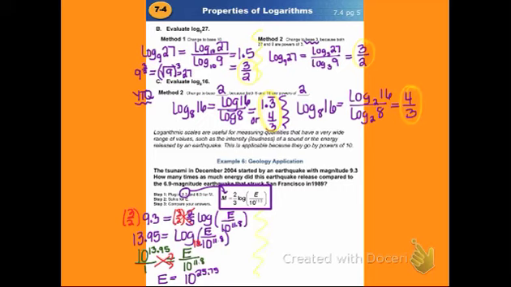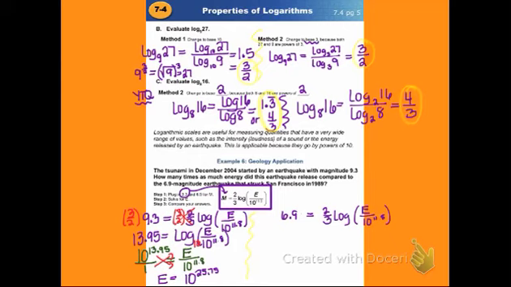So now let's do the exact same thing for the 6.9. We'll start by plugging in 6.9. So it would look like this: 6.9 equals 2/3 times the log of E over 10 to the 11.8 power.